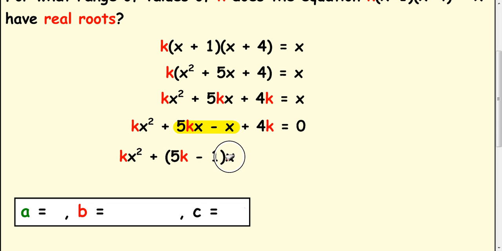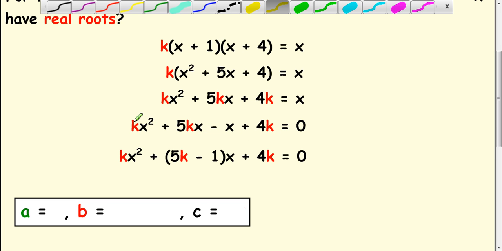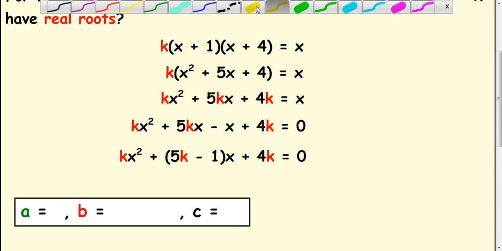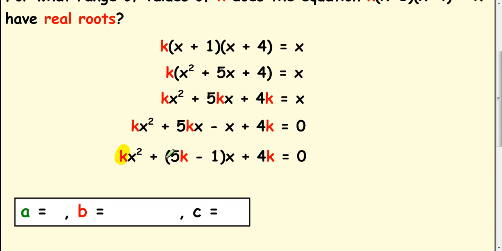So if we take x out of this, you end up with 5k take away 1. Then you've got your 4k equals 0. So that's your a, that's b, and that's c.